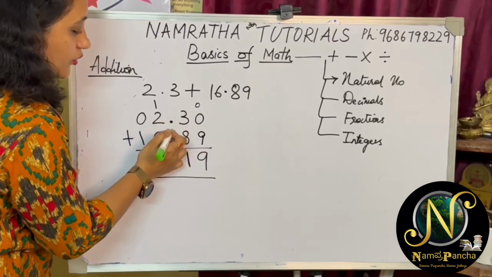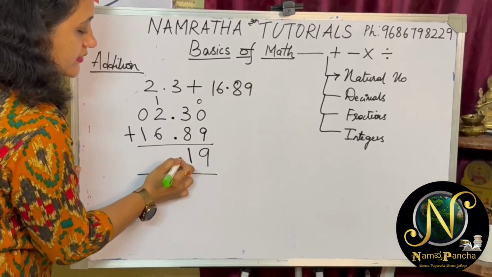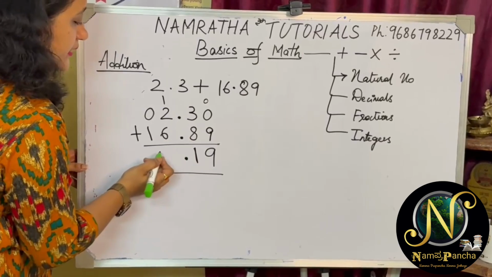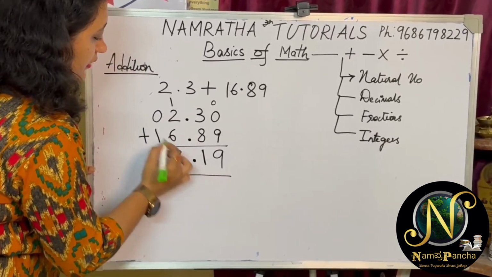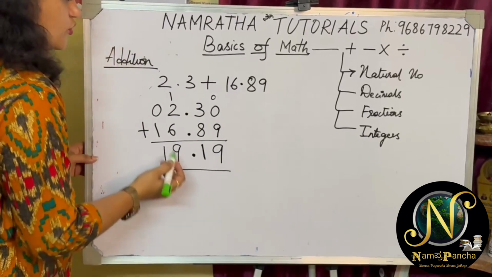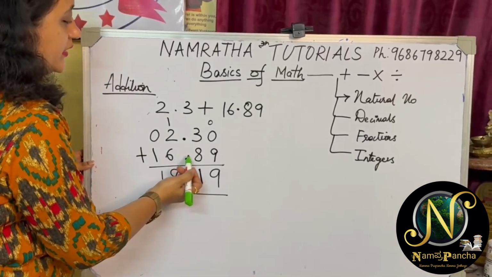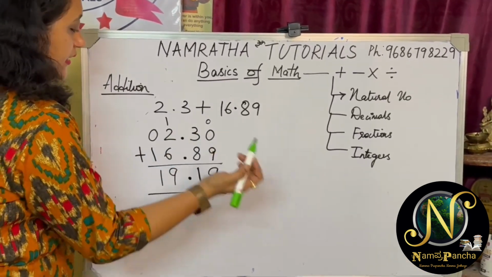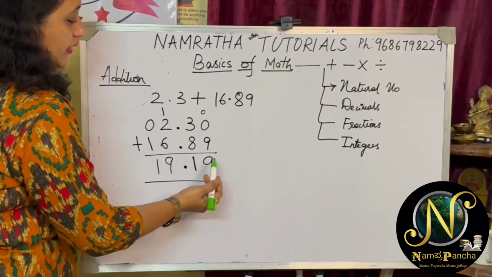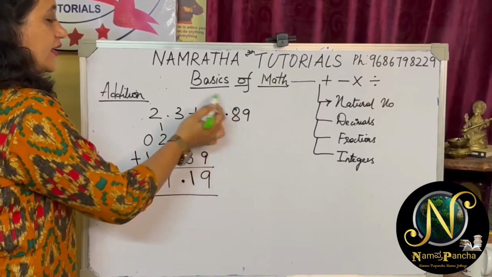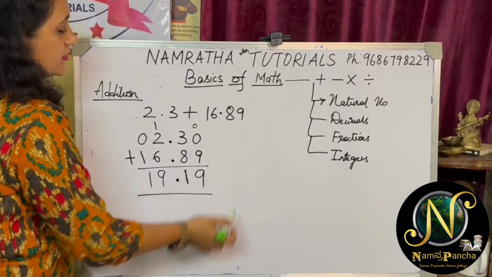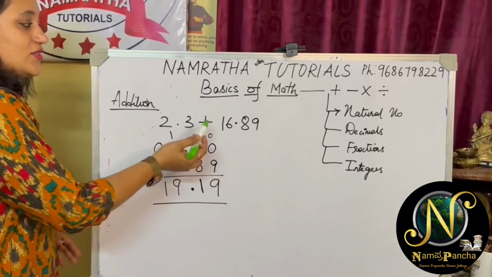And don't forget to again place the decimal point here. This is very important. Then next step, 6 plus 2, 8. 8 plus 1, 9. And 1 plus 0 is 1. So the addition of 16.89 and 2.3 will be 19.19. But if we don't place the decimal point below the other one, the addition may go wrong and we may get a wrong answer. So following these steps is very important.